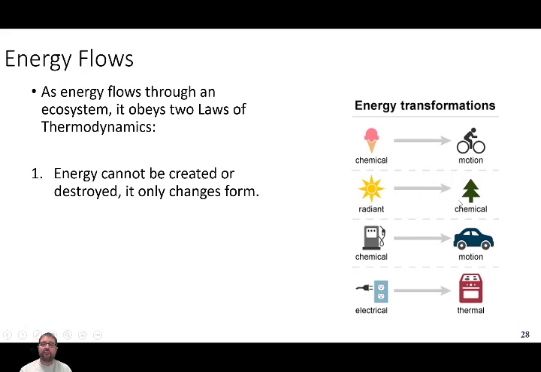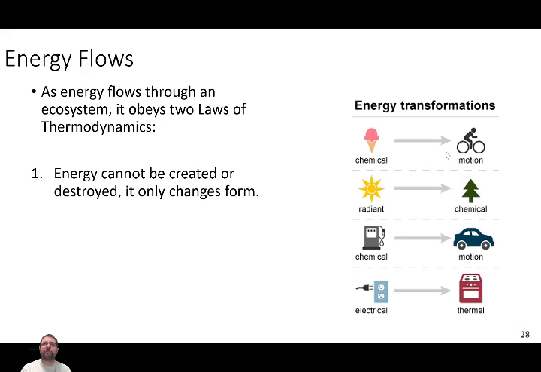And all the plants are doing is reconfiguring that energy into chemical energy. And then you eat that plant, okay, you just replace this ice cream with this plant, and you can convert it into energy that allows motion to occur. Okay? So energy is not created nor destroyed.